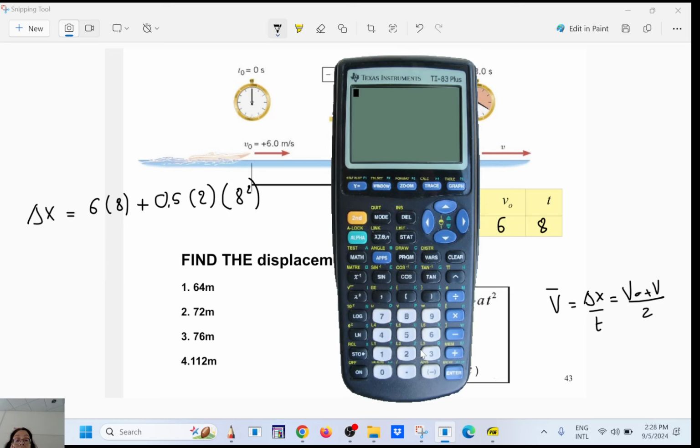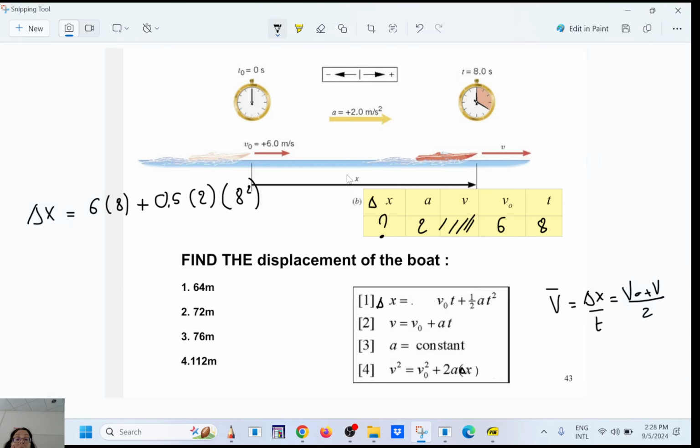So 6 times 8 plus 0.5 times 2 times 8 squared. You take a shortcut, and what you get is 112. Meters, you want to make sure to have the right unit. So the displacement here is 112 meters.